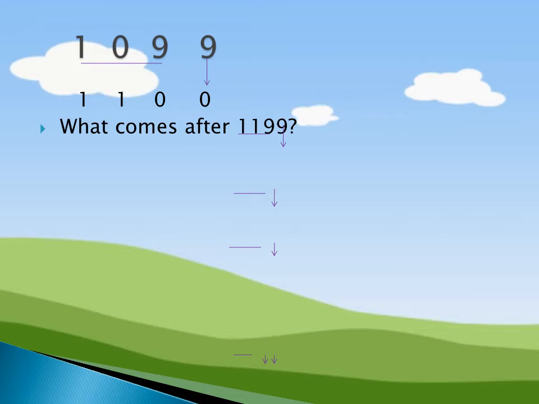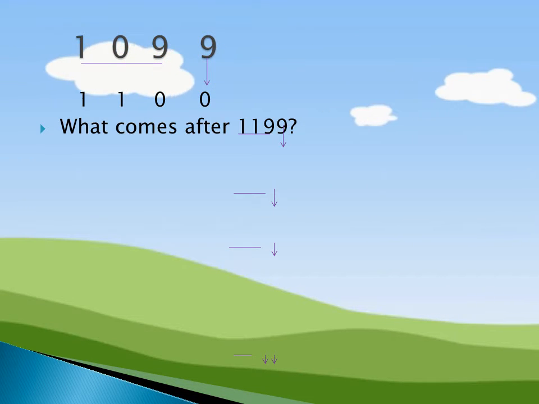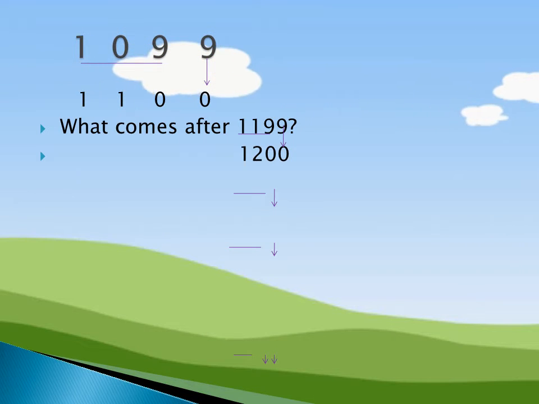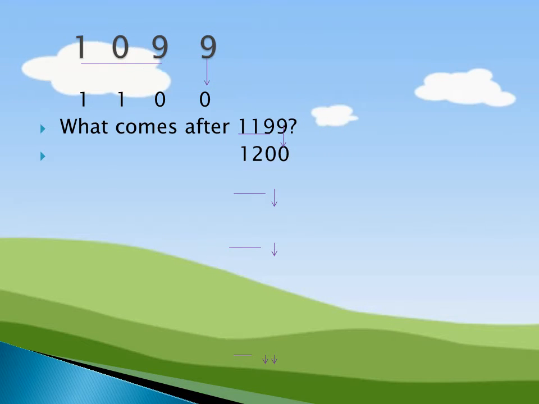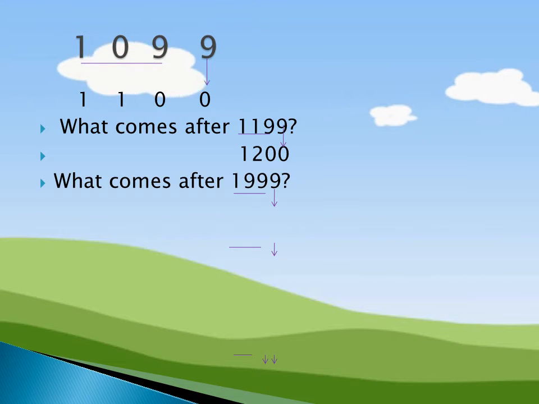What comes after 1199? Here again 9 turns into 0, and what comes after 119? 120. So 1200 is the new number. What comes after 1999?